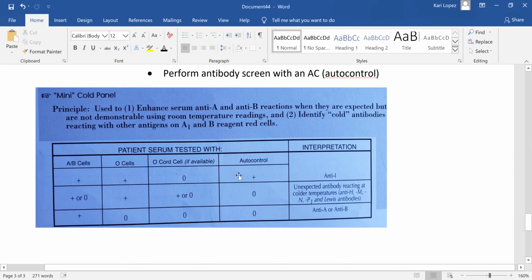And then your auto control, if it's positive, is going to be anti-I, which is an antibody that we'll learn about next week. And if your autocontrol is negative, then it's probably an unexpected antibody reacting at a colder temperature, or anti-A or anti-B.